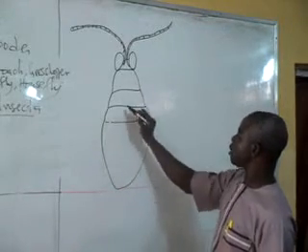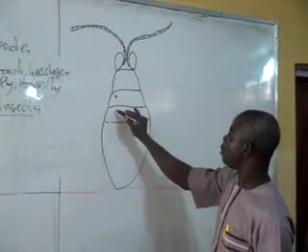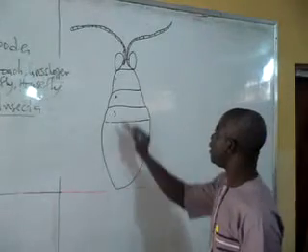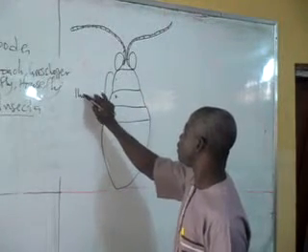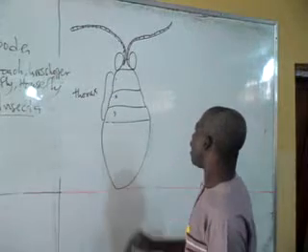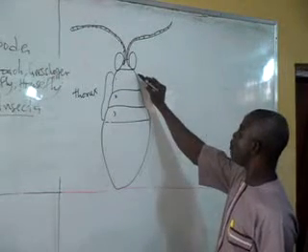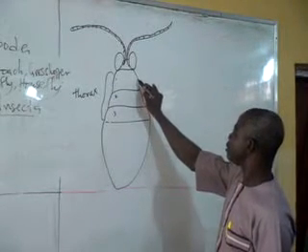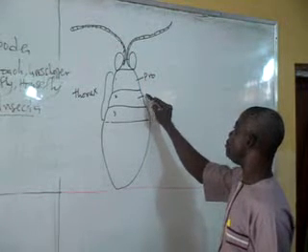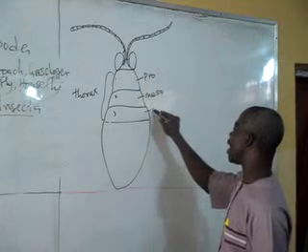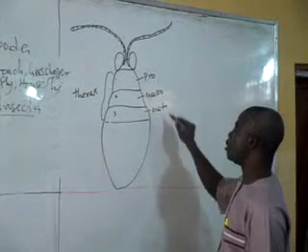Then these 3, 1, 2, 3, form the thorax. This is the thorax. And we have the prothorax, the mesothorax, and the metathorax.